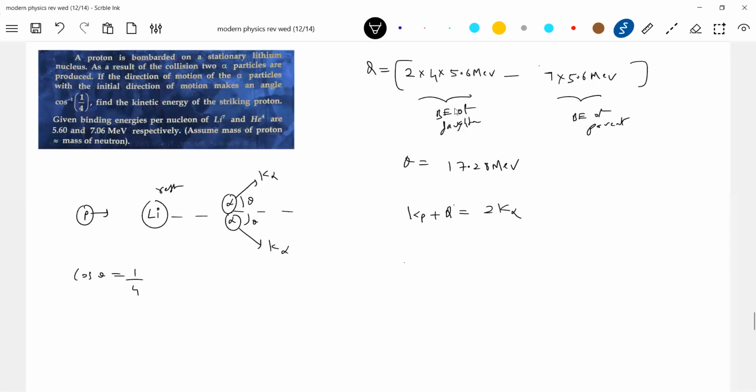Apply conservation of linear momentum. 2 times mp Kp should be equal to 2 times of. Sir, that is 7.06, sir. You wrote 5.6. In the equation of Q, 2 into 4 into binding energy of daughter, it's not 5.6, sir.